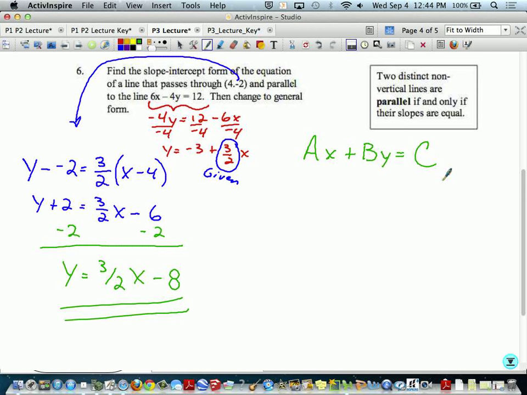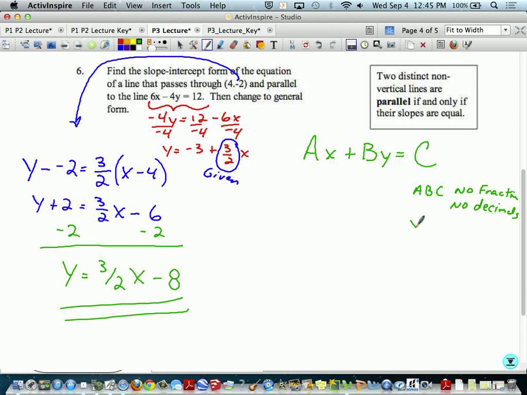The rules for general form: A, B, C. No fractions. No decimals. If you can't avoid it, get rid of any fractions or decimals in the problem.